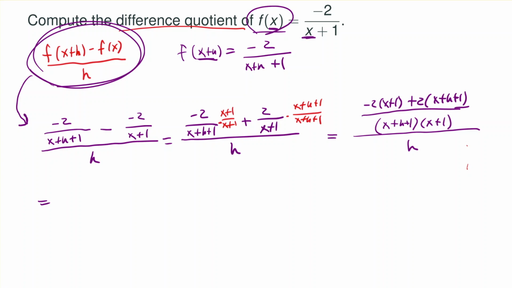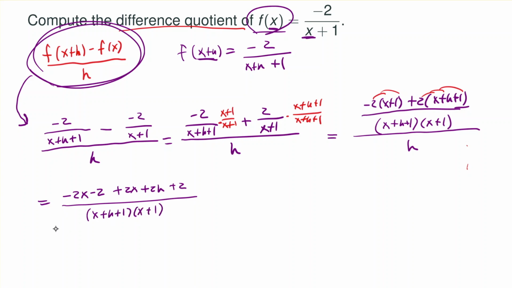Equals, now we need to distribute. Then I have negative 2x minus 2 plus 2x plus 2h plus 2, over the denominator, which we can leave like this, no need to multiply out here, entire thing over h.